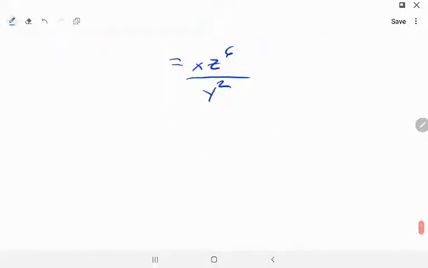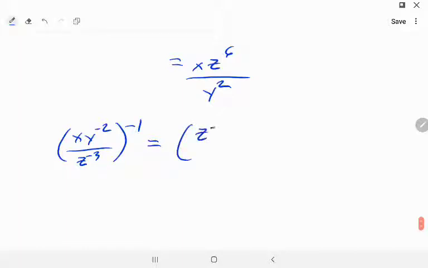Now another one that comes up fairly often is if we saw something like x y to the negative 2 divided by z to the negative 3, all to the negative 1, we notice we have two ways of doing that. Because it's to the negative 1, we could just write it as z to the negative 3 divided by x y to the negative 2.